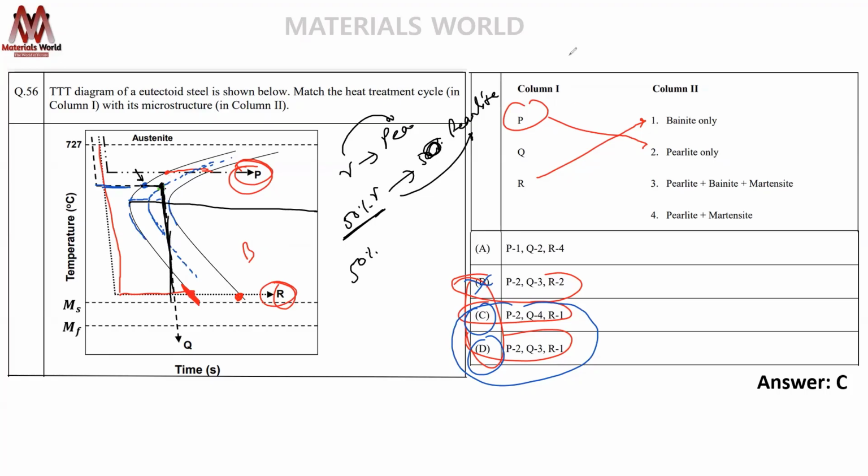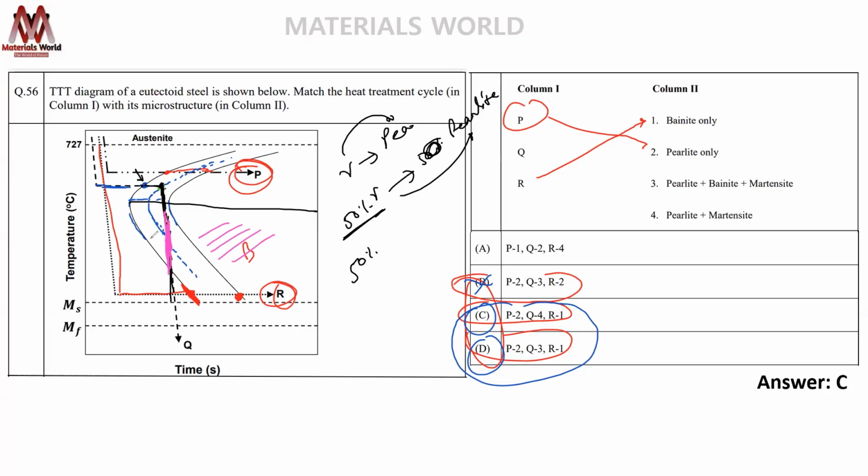And here is the trick. Many students will think that, sir, since it is passing through this bainitic region, it will also form bainite. You have to understand this. To get any transformation or transformed phase, the transformation must start.